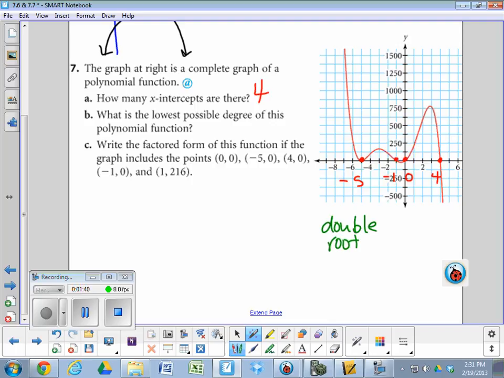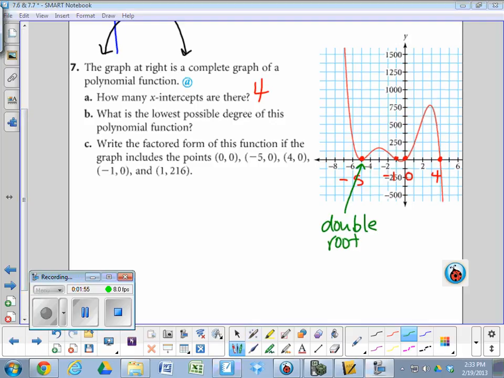When it bounces off the axis and doesn't cut through, or it just touches the axis, that's known as a double root. So again, the lowest possible degree of this function is actually 5 because there is a single root here. That's 1, 2, 3, and this counts for 2. So the lowest possible degree is 5.